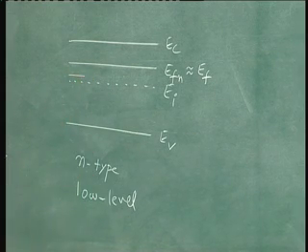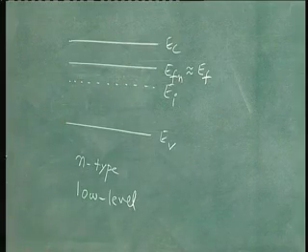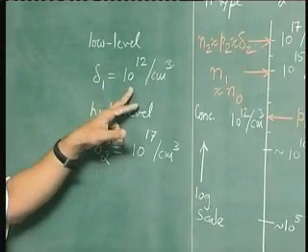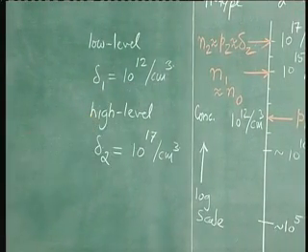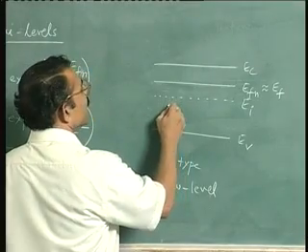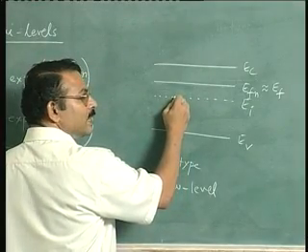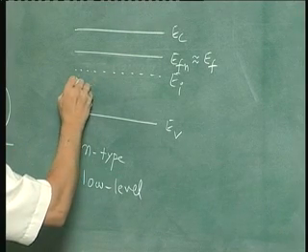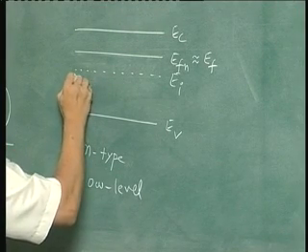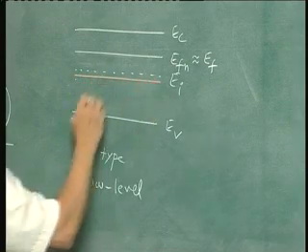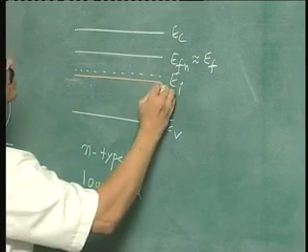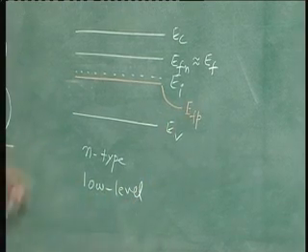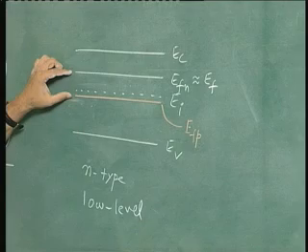Let us say your excess carrier concentration is 10 power 12. That is what we consider in this example for low level. Then your Fermi level would definitely be below EI, because when you have Fermi level at EI, your concentration is ni, which in silicon is 10 power 10. So if you want 10 power 12, then it will be below this, something like this. So this is your quasi-Fermi level for holes. You see EFp and EFn are different, so the Fermi level has split.